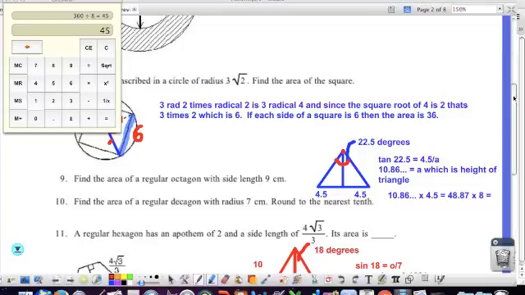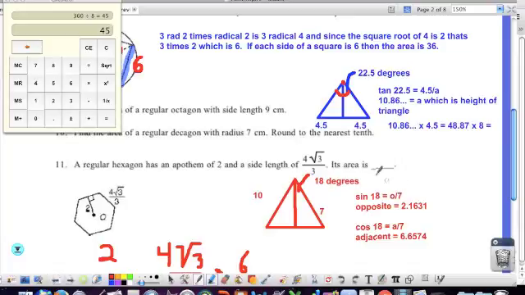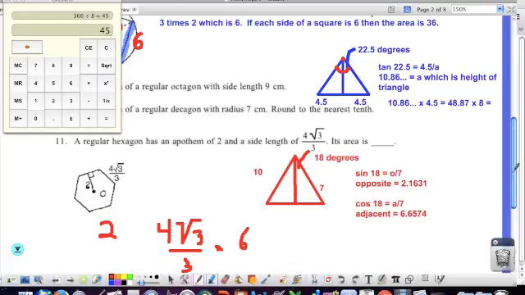For number 10, find the area of a regular decagon. I've done that work over here. So it's a decagon. That means it has 10 sides. That means that the central angle is going to be 360 divided by 10, which is 36. And when I draw this altitude, angle bisector, perpendicular bisector, it's going to leave two triangles, each with 18 degrees.